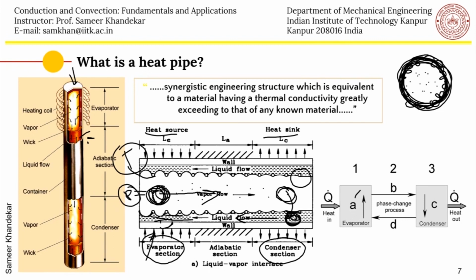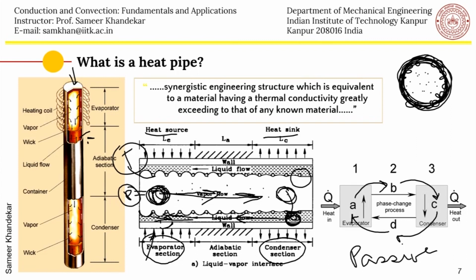So in this way a passive system is generated, in which the pumping of this fluid, the vapor towards the condenser and the liquid from the condenser to the evaporator, is brought about by the capillary pressure delta P capillary, because of the capillary wick which we have introduced on the circumference inside this heat pipe.